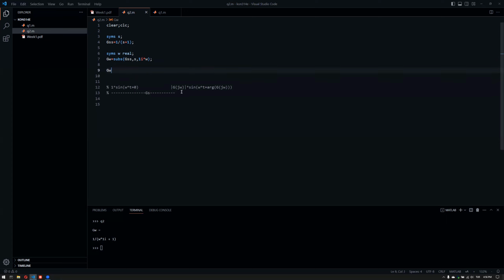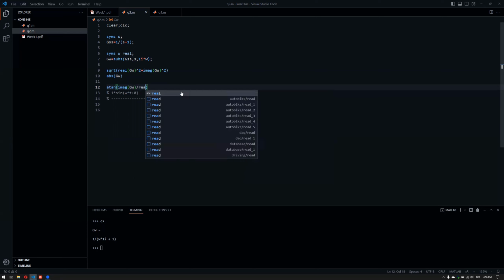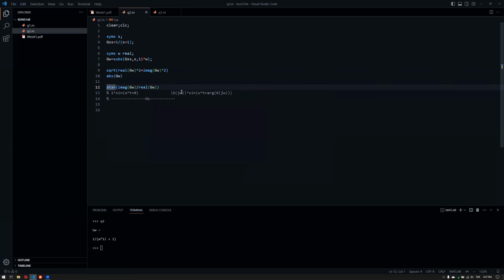If you calculate the real value and then the imaginary value, take the squares, add them together, and then take the whole thing's square root, then you will end up with the absolute value of G(omega), which is the same. Or if we use the arctan of the imaginary part of G(omega) divided by the real part of G(omega), this is basically the angle of G(omega).